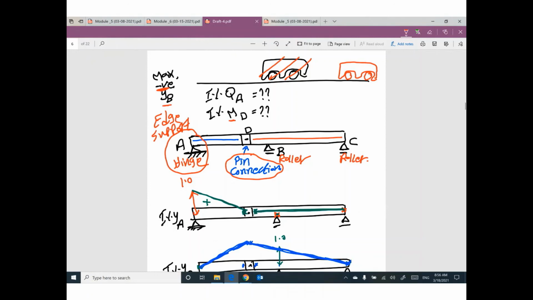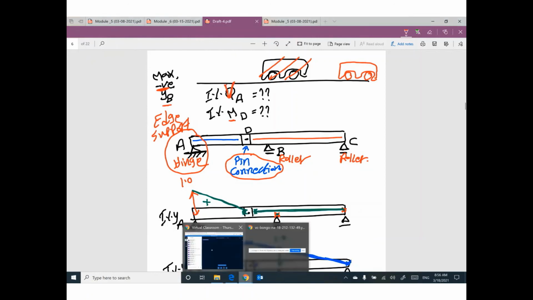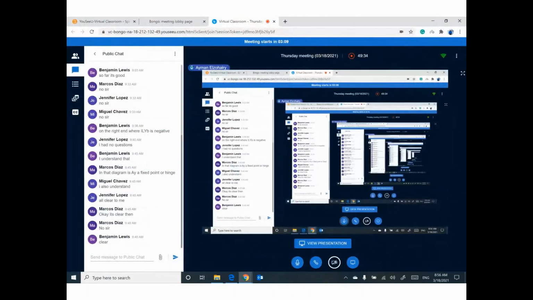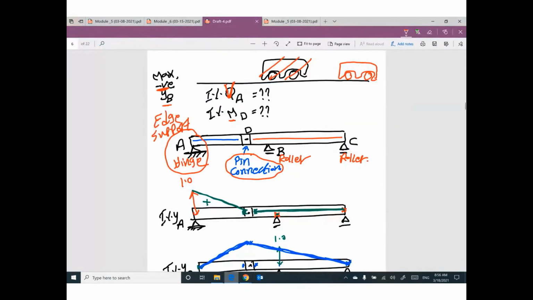Anybody can help me to draw influence line for shear, or do you have any idea or any feedback about shear at A? We can call it like this: shear at A or moment at D. Any answer? Do you have any answer for this point?